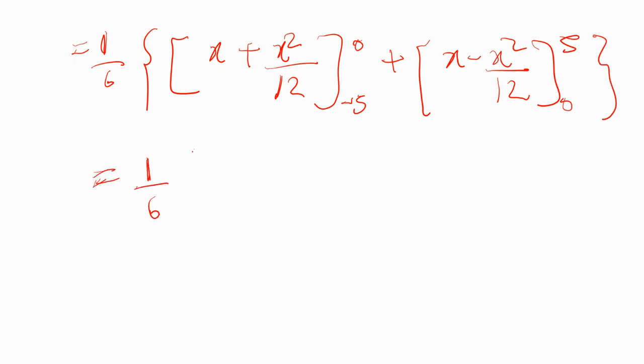So it will be 1 upon 6 times (5 minus 25 upon 12, plus 5 minus 25 upon 12).